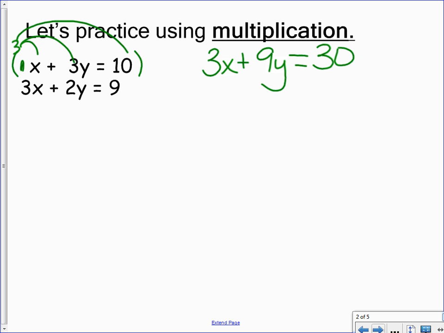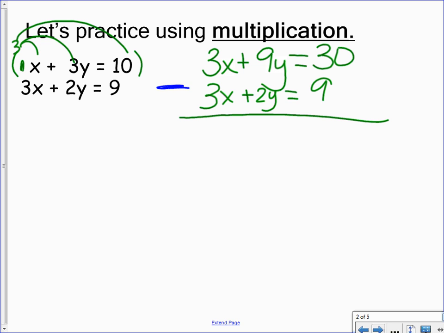Then I set up 3x plus 2y equals 9. Now, do I have coefficients that are the same or that are opposites? I have coefficients that are the same. So should I add or subtract? I should subtract. So now I'm going to subtract.